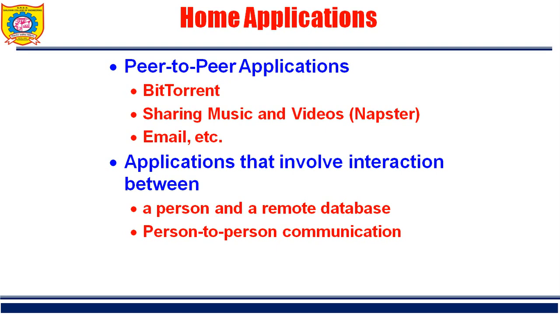Then there are applications that involve interaction between a person and a database stored on a specific machine, which is a remote database. The location of the database and the person are different.